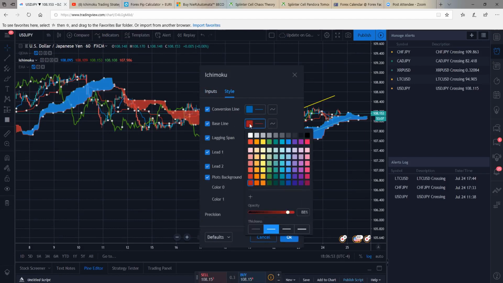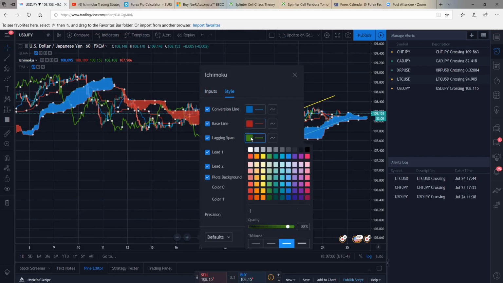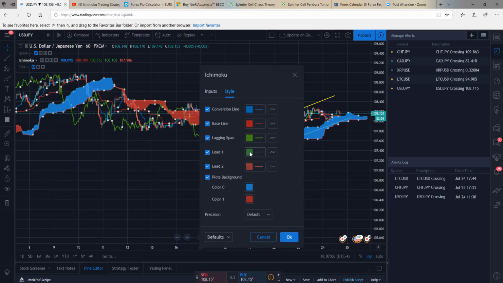Change your baseline to this red. Your lagging line should be a noticeable green. Lead line 1 and 2 can be representative of these colors.